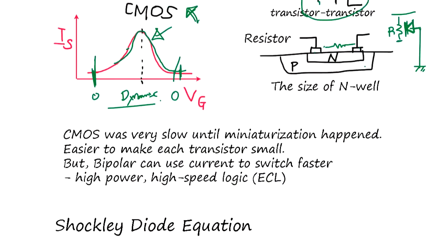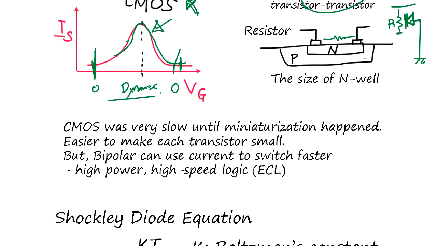Okay, CMOS in the beginning was large size, and until it was miniaturized, it wasn't really a viable candidate for making an IC chip. Now after miniaturization, speed got faster, so switching speed is as fast as the bipolar and lower power, so it became the choice. CMOS became the choice of all the LSI, large scale integrated circuits.